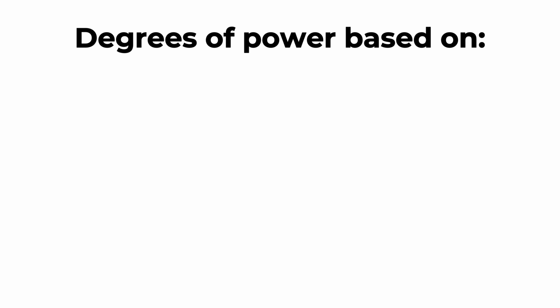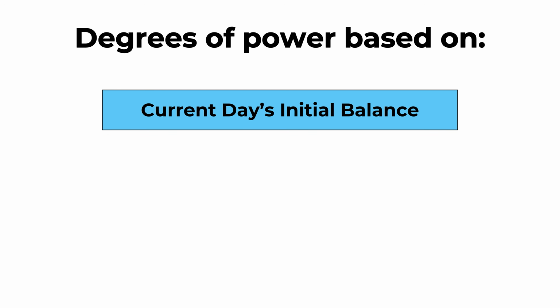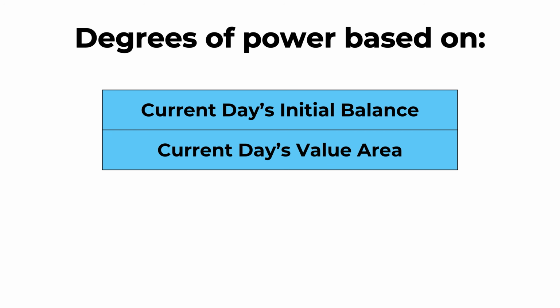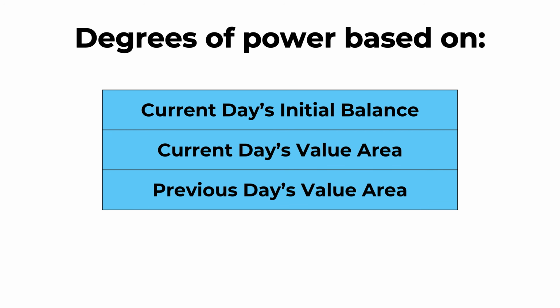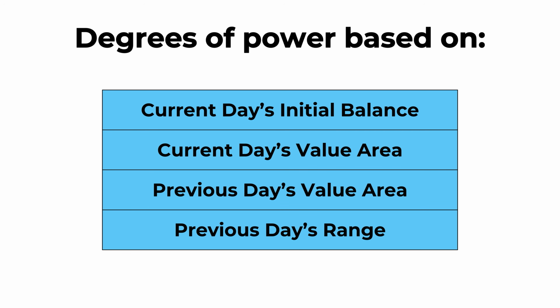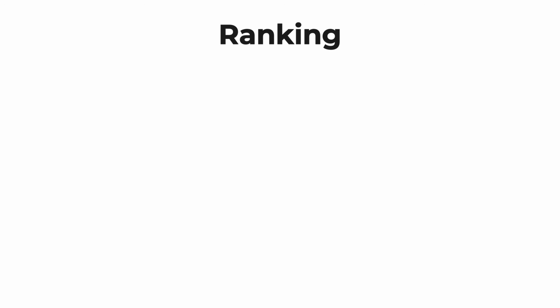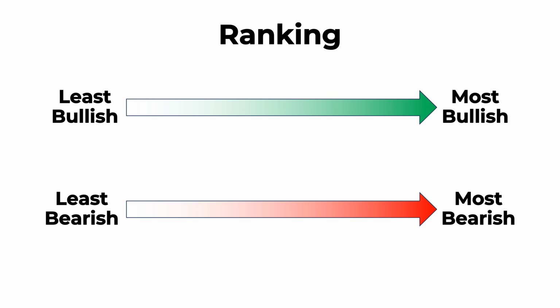The market profile approach provides what are called degrees of bullish and bearish power based on a few objective parameters: the current day's initial balance, the current day's value area, the previous day's value area, and the previous day's range. Let's rank the different degrees of bullish and bearish power from the weakest to the strongest, starting with the bullish degrees. Number 1.